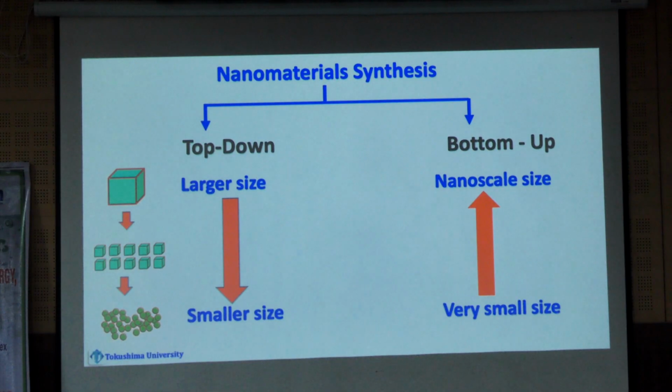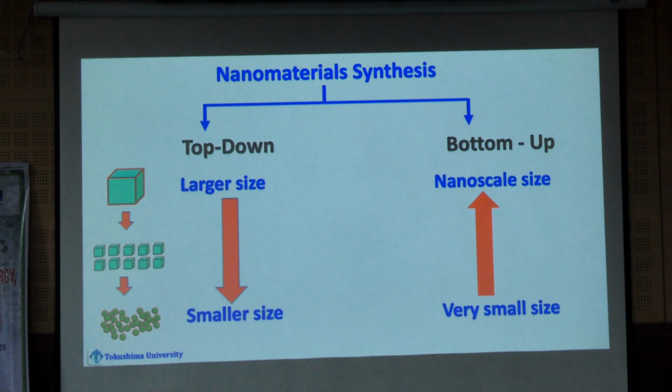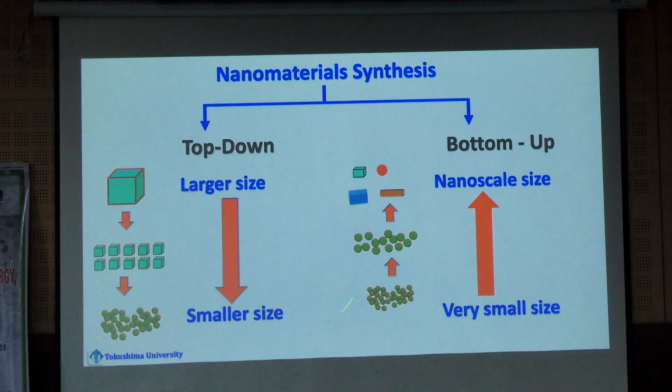In top down, larger size is converted into smaller size, whereas in bottom up you start with a very small tiny particle on nanoscale, it may be an atom, it may be a cluster, and then transform that smaller cluster-like particle or atoms into the nanoscale size particle. So that is the bottom-up approach.